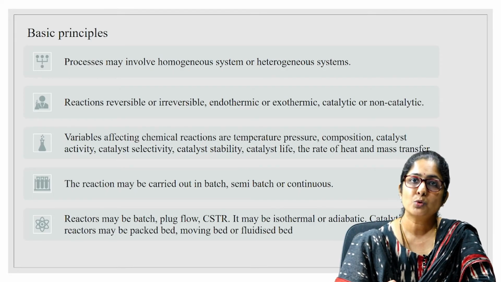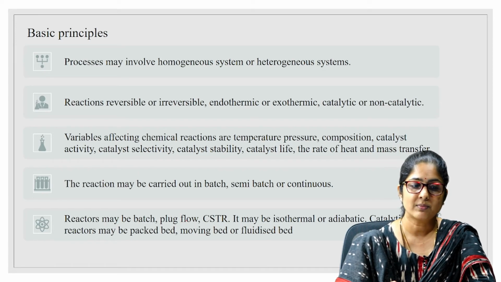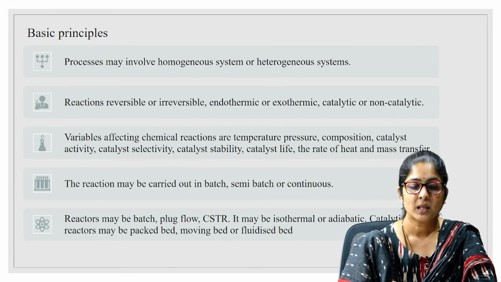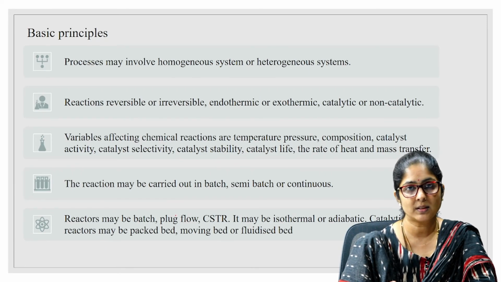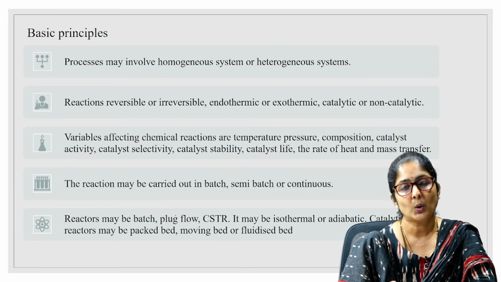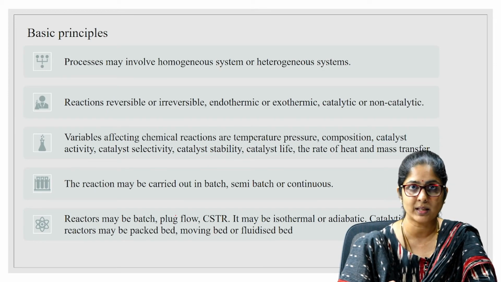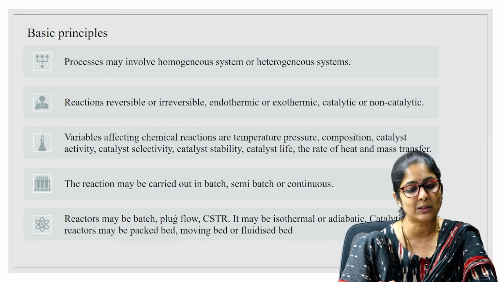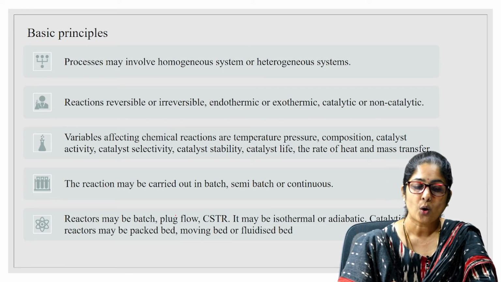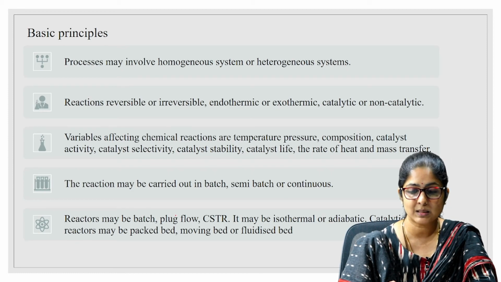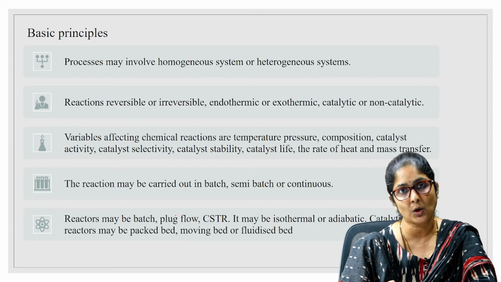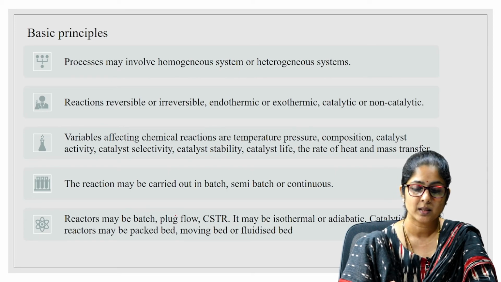Since we want to know the unit processes, we need to initially understand the basic principles as well. The process may be homogeneous or heterogeneous. In homogeneous, you have the reactants and catalyst all in the same phase, whereas in heterogeneous, you have the reactants or the catalyst in different phases. Also, the reactions may be reversible, irreversible, endothermic, exothermic, catalytic or non-catalytic.